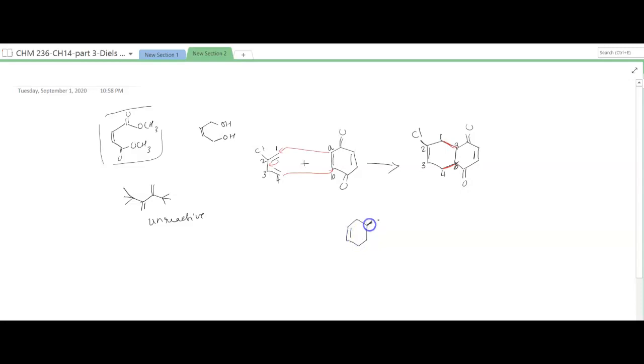You have a cyanide group here and a cyanide group here. So your question is, what are the diene and the dienophile that make up this Diels-Alder product? So you can actually draw reverse arrows to undo this cyclohexene adduct.